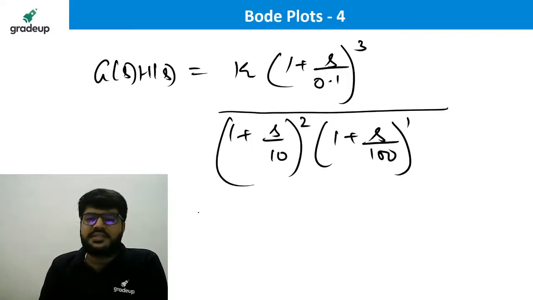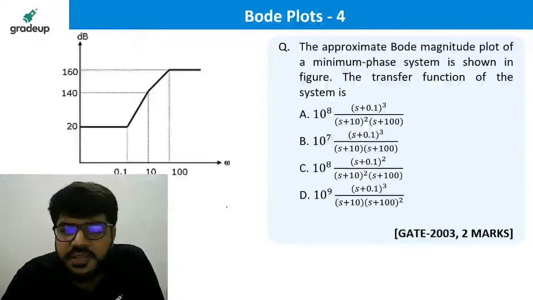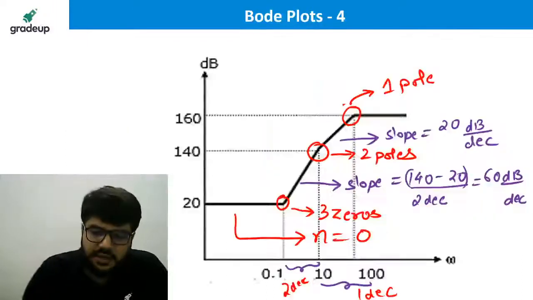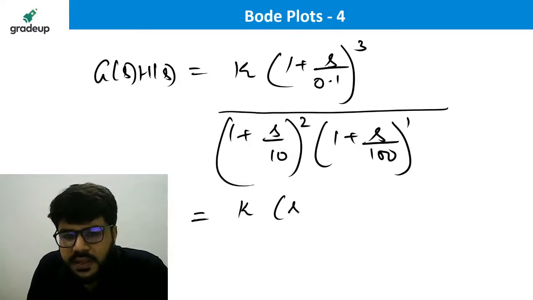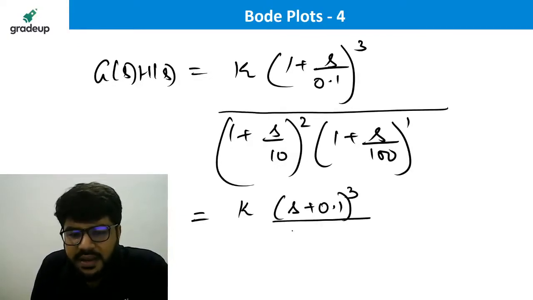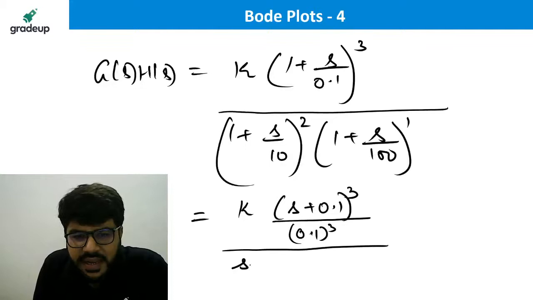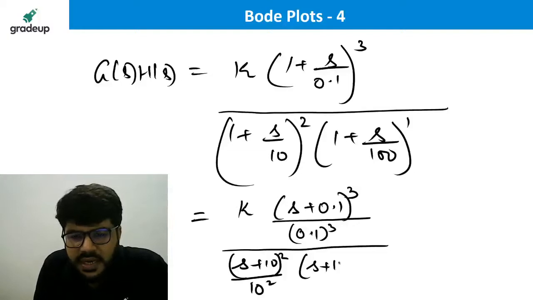Now in what form are my options? They are in S plus A, non-standard form. So it is equal to K (s plus 0.1) whole cube divided by 0.1 whole cube, and the whole thing divided by (s plus 10) whole square by 10 square and (s plus 100) divided by 100.